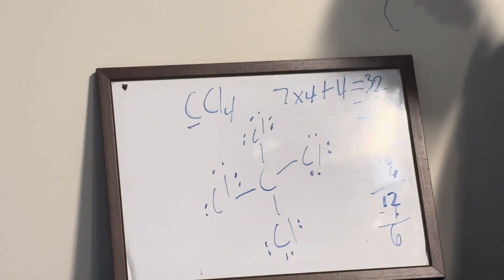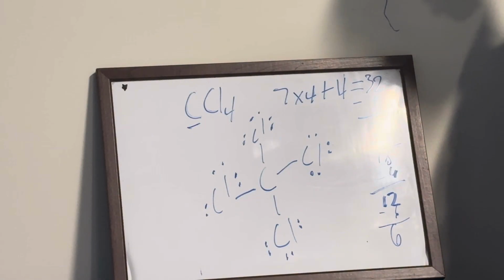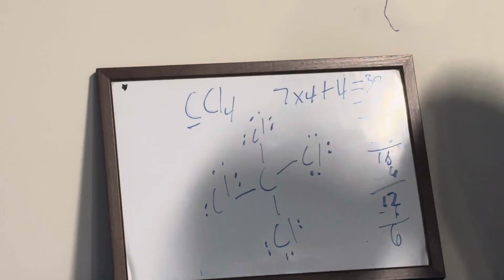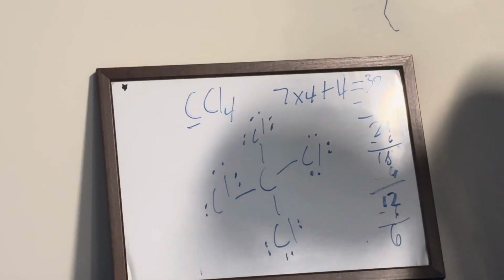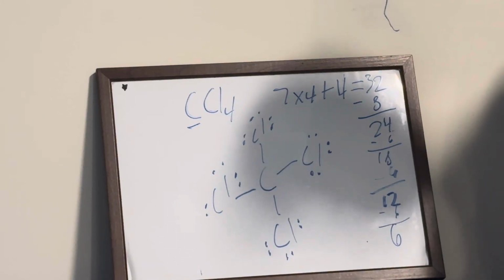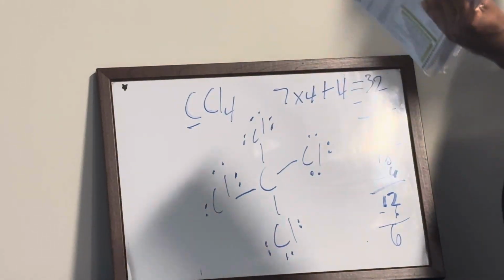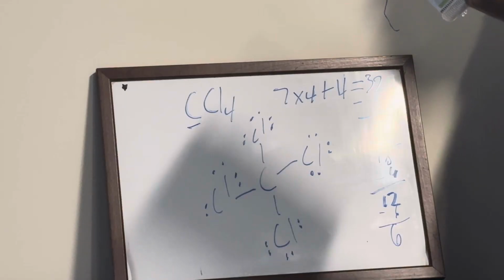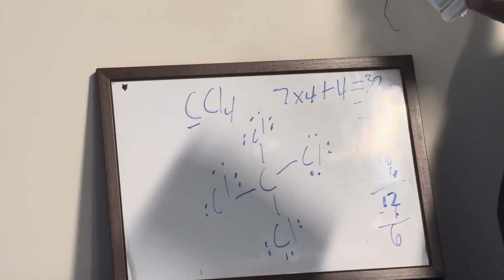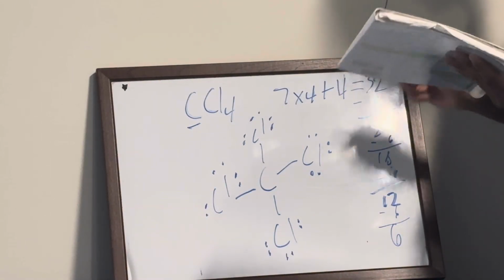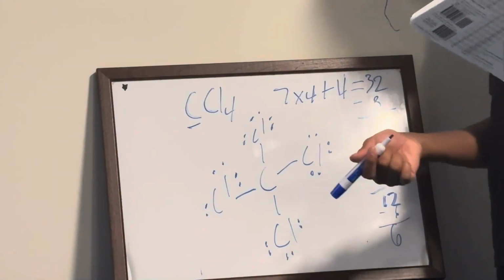So, for row, what was that? I always get that. So group 1 and 2, so lithium, beryllium, boron, carbon, nitrogen, oxygen, fluorine, neon, those can only have 8 electrons in their octet.